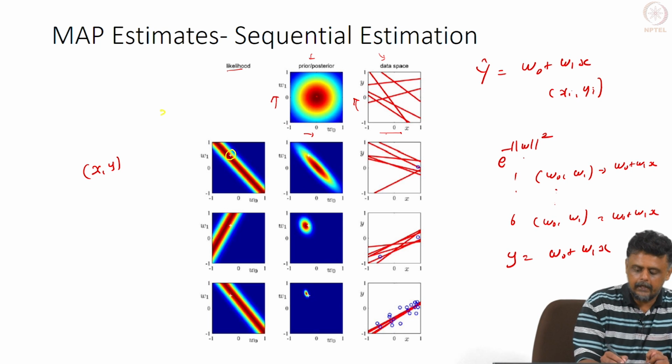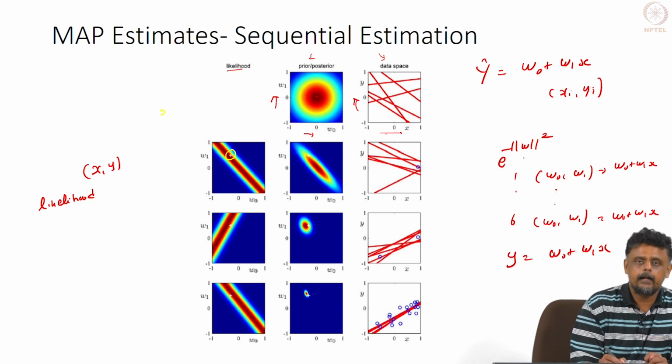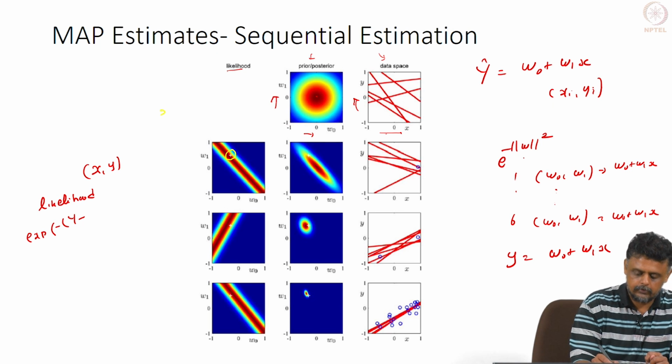You can calculate the likelihood. How do you calculate the likelihood? You remember it is some exponent, ignoring all the constants, of y minus W transpose x, squared, divided by some sigma squared.